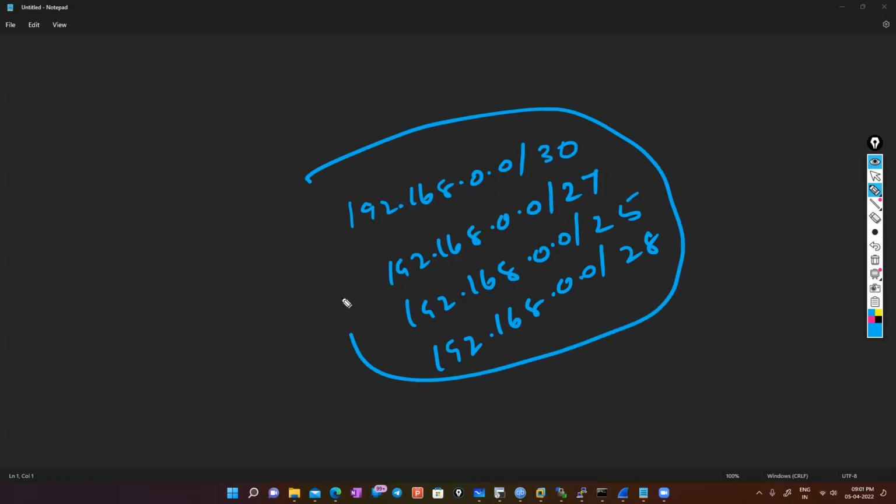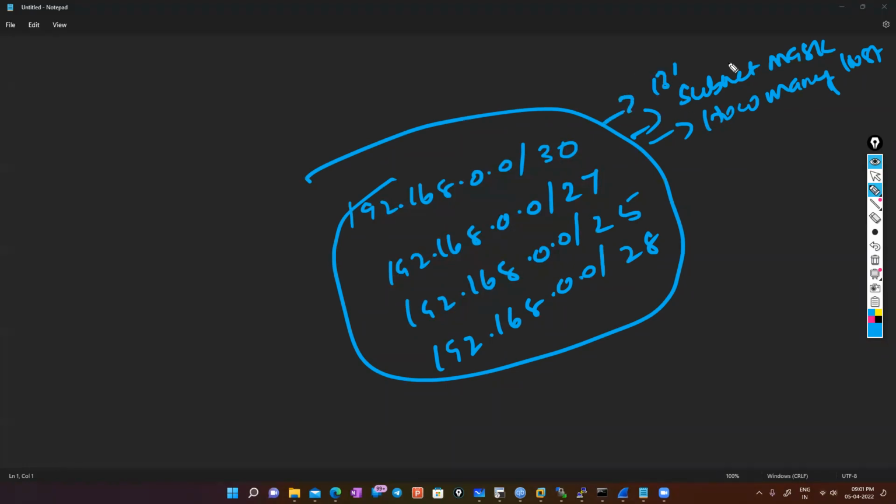Just make a note of all this and try to find out what is the subnet mask, how many hosts and networks for all the four, how many hosts inside this network, and what is the broadcast address and what is the network address.